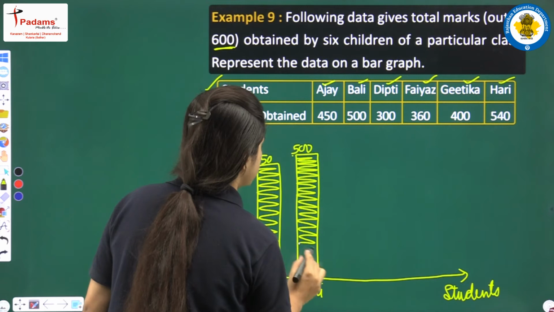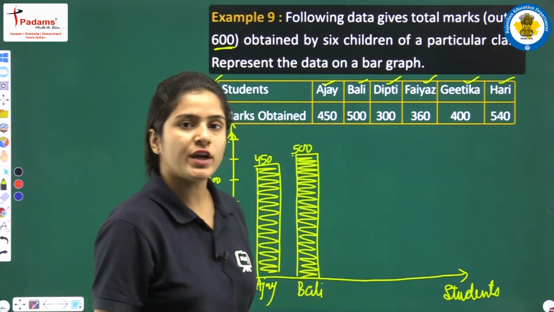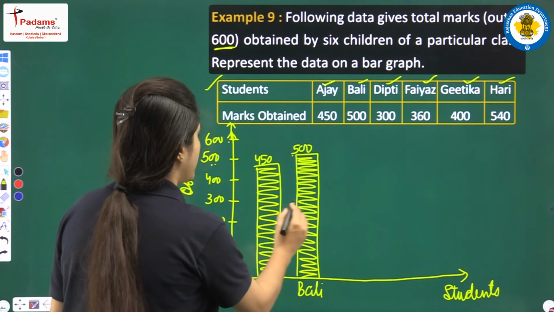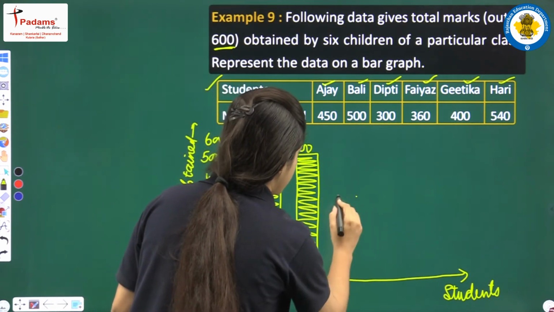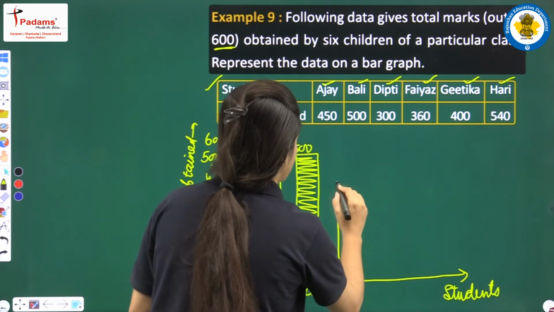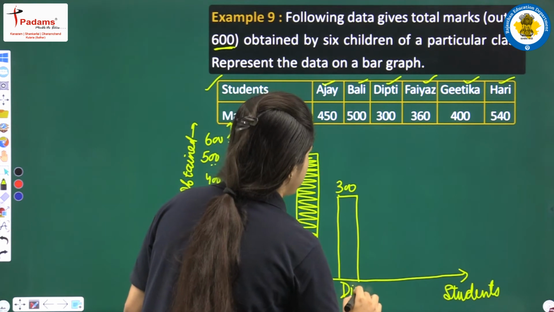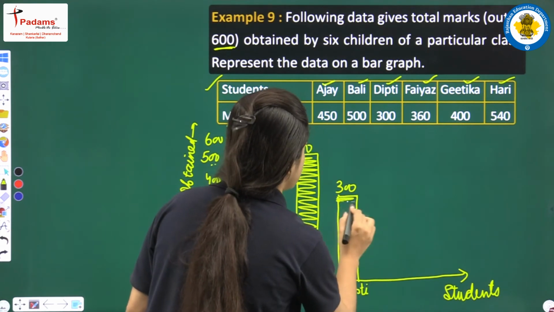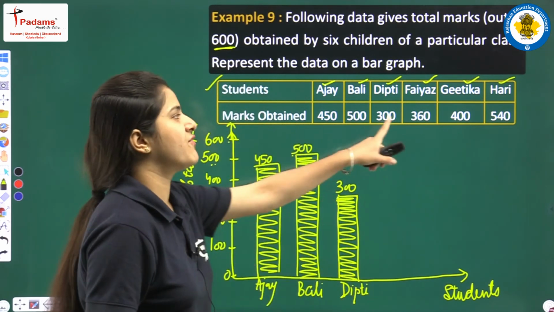Next, students, Dipti. Dipti is getting 300 marks, so 300. Who is getting 300 marks? Dipti. Now students, Fayaz.